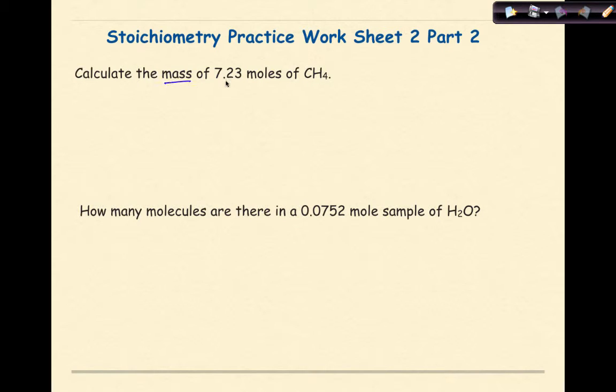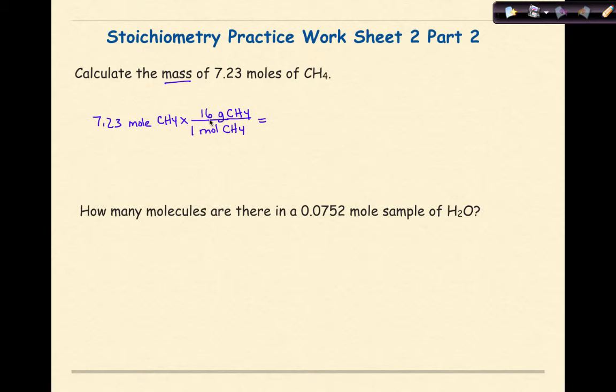Calculate the mass of 7.23 moles of methane. So I'm going to write down my given. 7.23 moles of methane, CH4. Multiplication sign and a line. I know that 1 mole of anything, in this case methane, is equal to the gram formula mass of methane. And the gram formula mass of methane is 16 grams of methane.